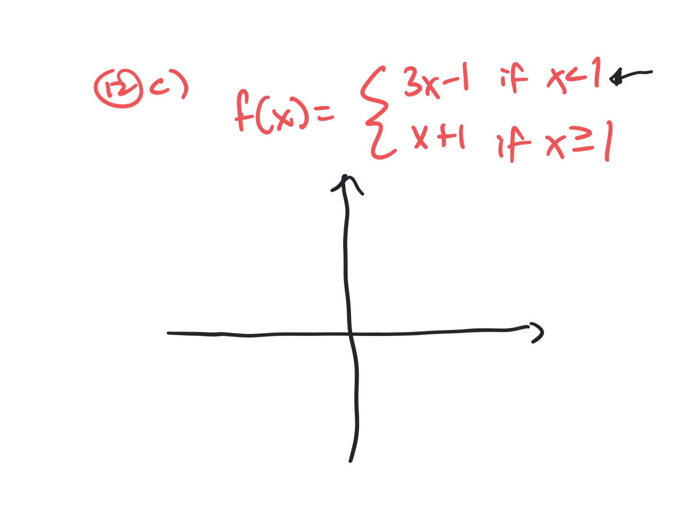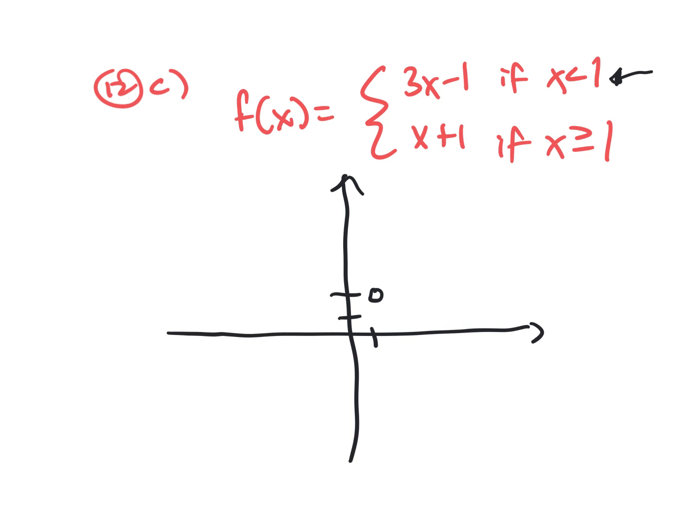So because it's for all values until I get to 1. So when I plug in 1 for x, I get 3 minus 1, which is 2. So I'm going to plot the point (1, 2). But because it says for x less than 1, instead of putting in a filled-in circle at (1, 2), I'm going to put an open circle. All right, but since it's a line, I need one more point.